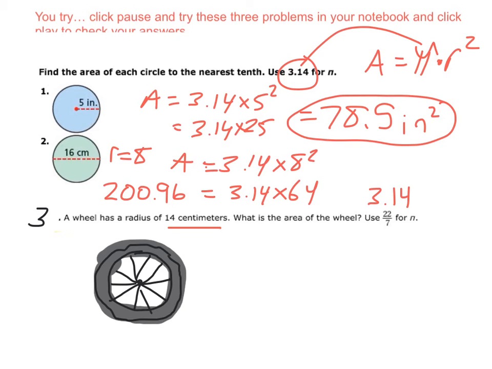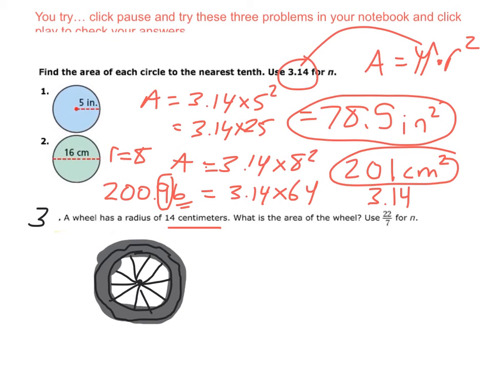So I'm going to round to the nearest tenths place. And it's a 6, so it's going to bump it up to 201. So if you put 200.9 square centimeters, that's a pretty good answer. But if I rounded this one, it would bump it up to 201 square centimeters for number 2.